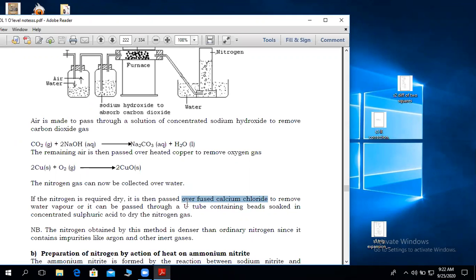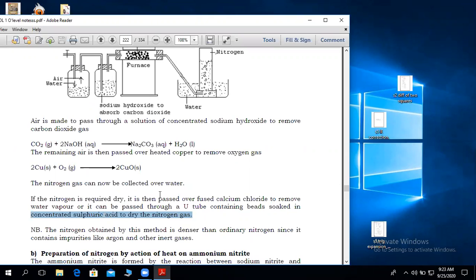Remember, when we use calcium chloride, it is always put in a U-tube to remove water vapor. Or it can be passed through a U-tube containing glass beads soaked with concentrated sulfuric acid. When we use concentrated sulfuric acid, it is put in a wash bottle.